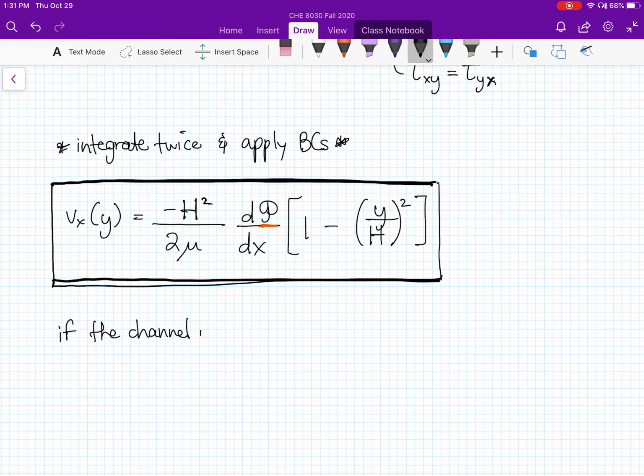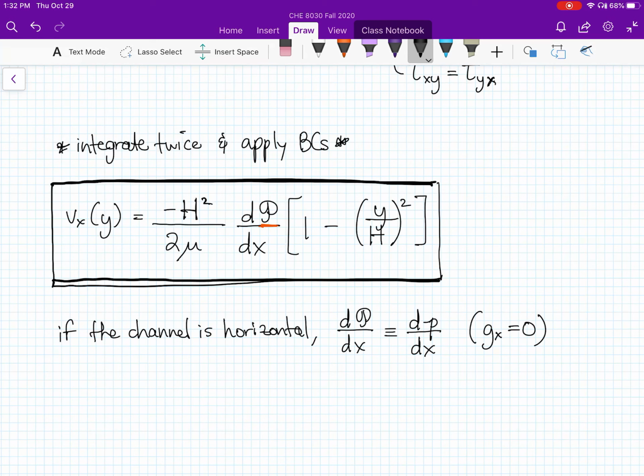If the channel is horizontal, then that derivative simplifies to simply the derivative of the pressure. For the horizontal channel, we do not have any gravity that's causing our fluid to flow.